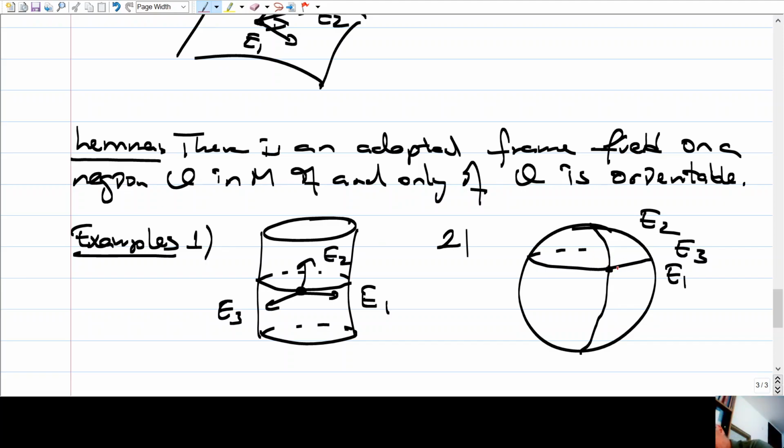So E1 is this vector, E2 is this vector, and E3 will be the cross product of these two, so E3 will be this. We know that each meridian intersects every parallel orthogonally. That's why E1 and E2 always form a frame on the sphere, and E3 is just a cross product.